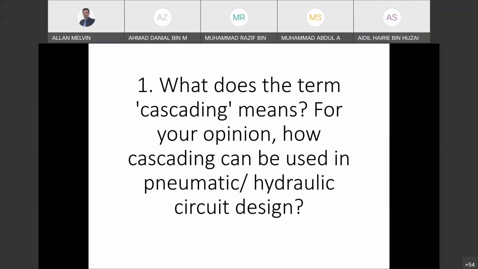Before I go, are there any questions related to cascading, the assignment, or generally on the cascading method and step counter method? No questions. Okay, I hope you all understand.